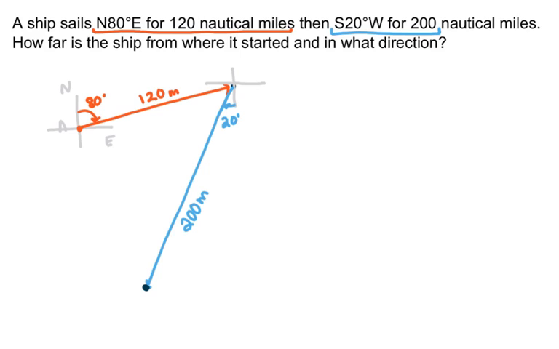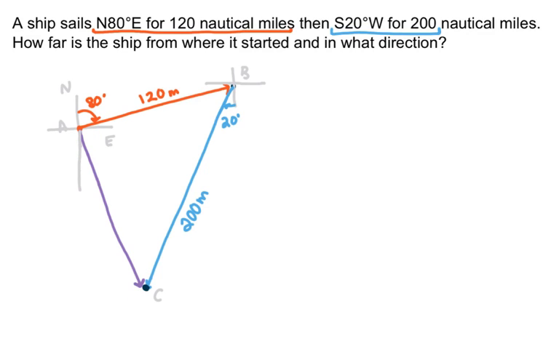If we think about this, we started at A, we went to B, and then we went to C. So that resultant is from A to C, from the initial point to the terminal point.